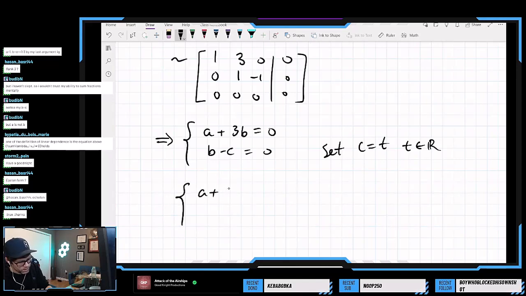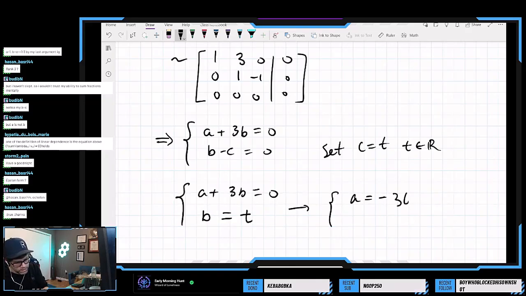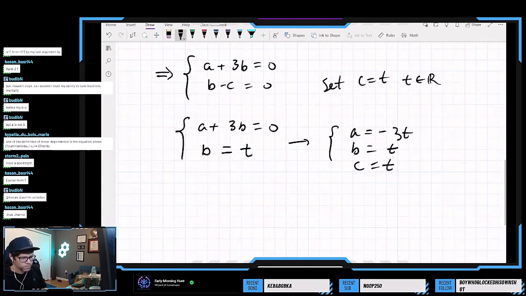So a plus 3b is 0, right? And then b is equal to t. And so that would mean that a is equal to negative 3t, b is equal to t, and c is also equal to t. So whatever value we choose for c, b has to be the same value, and then a is equal to negative 3 times that first value.